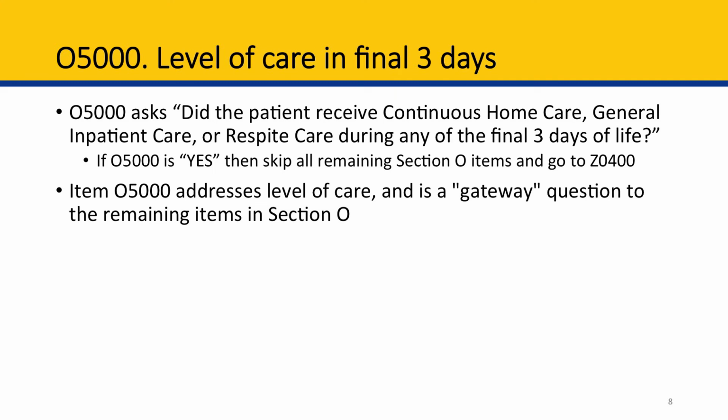If a patient received continuous home care, general inpatient care, or respite care in the final 3 days of life, answer yes to O5000 and skip to Z0400. In this sense, O5000 is a gateway question to the remaining items in Section O. If the patient received any level of care other than routine home care in the final 3 days, you skip all remaining Section O items.